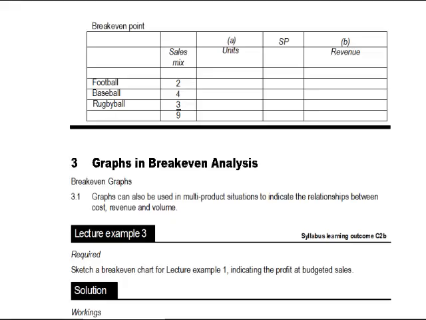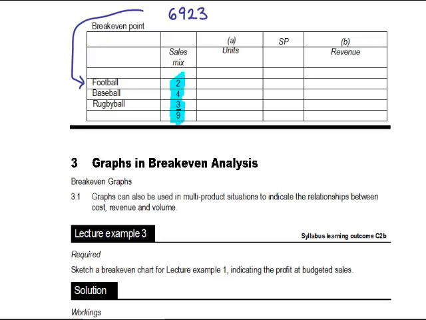Okay, so we know that the break-even point is going to be when we sell 6,923 units, but what we haven't found out yet is how they are going to be split across the 3 different products. Now all we do is we literally just prorata them according to the mix.